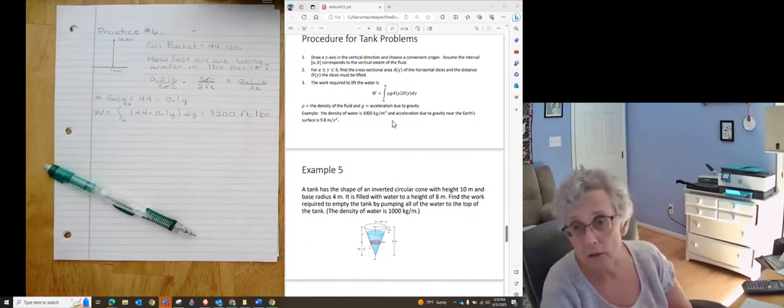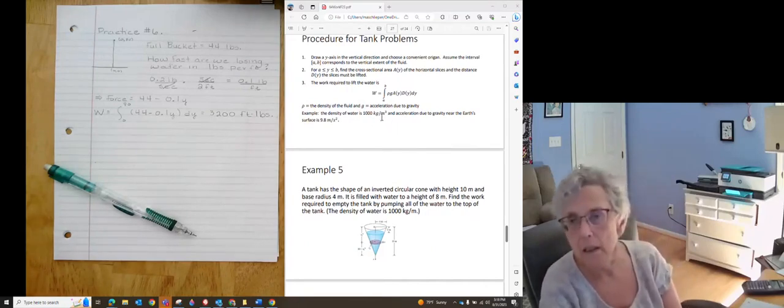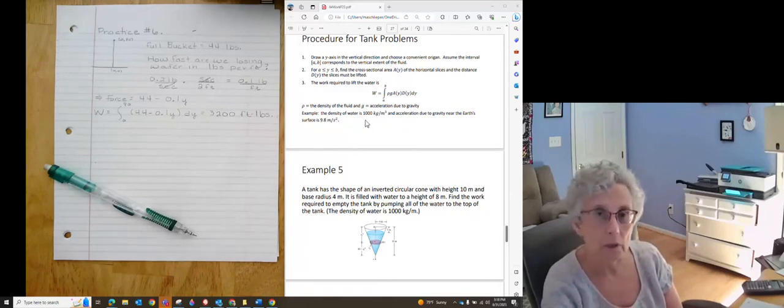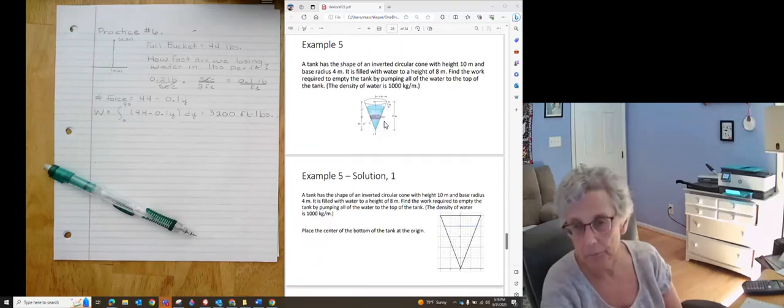Memorize the density of water because it's easy. It's 1,000 kilograms per cubic meter. Memorize acceleration due to gravity is 9.8 meters per second squared.